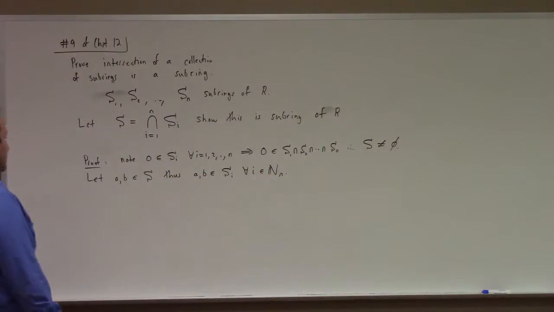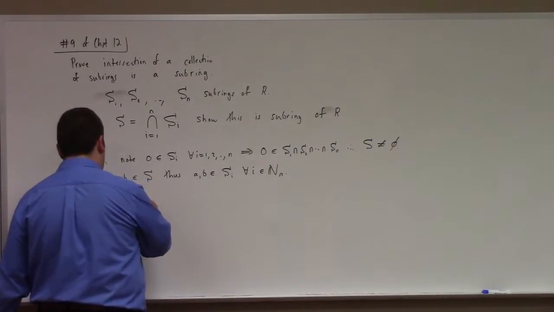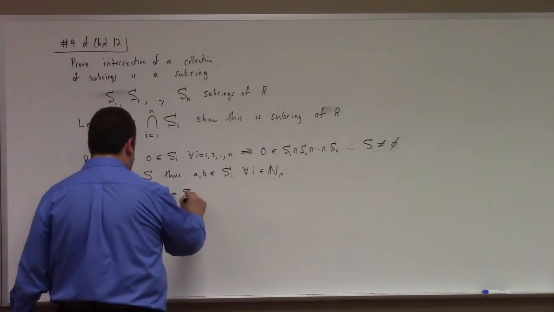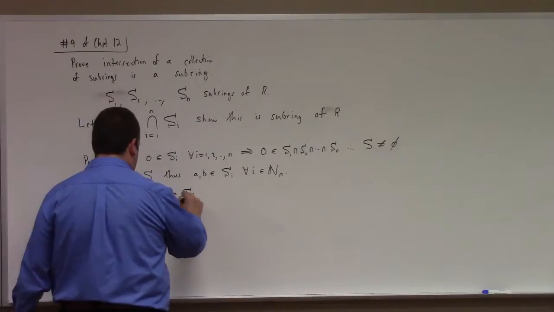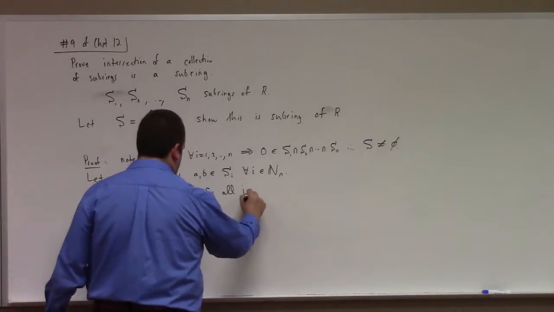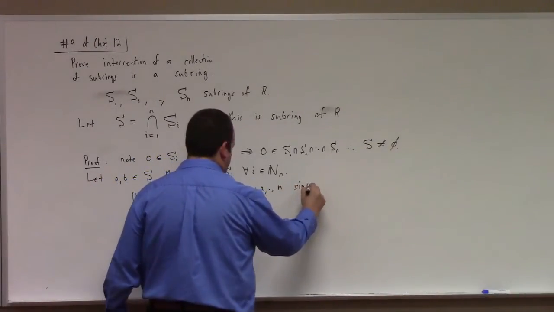And then we use what? The subring test, right? So 1, A, B is an element of S sub I for all I equals 1 to n, since what?